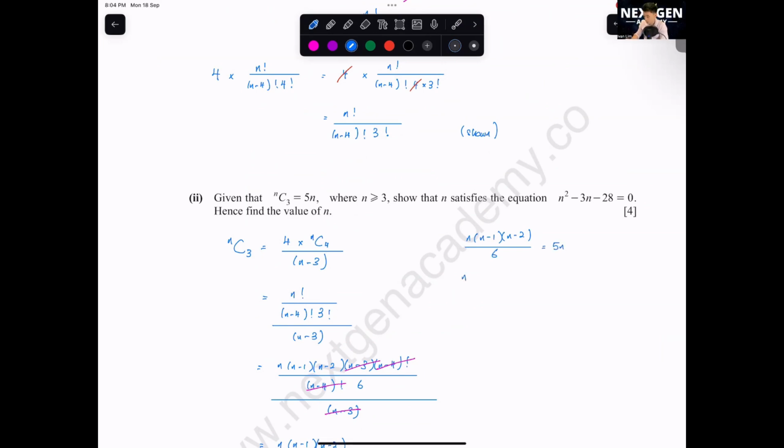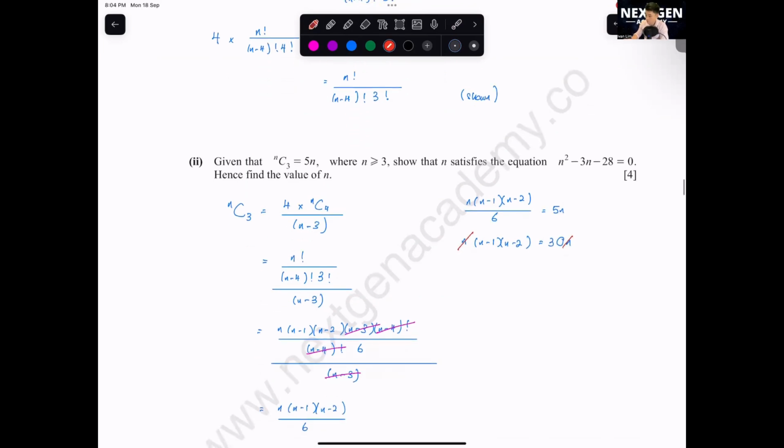I multiply it by 6, so this will be 30n. Cancel the n. Open out the bracket: n squared minus 3n plus 2 equals 30. n squared minus 3n minus 28 equals 0. (n minus 7)(n plus 4) equals 0. n equals 7, n equals negative 4.